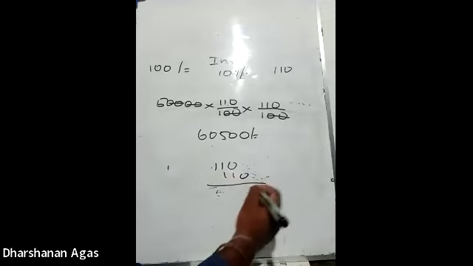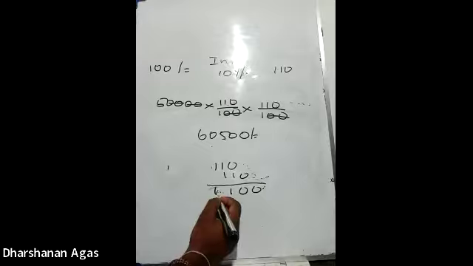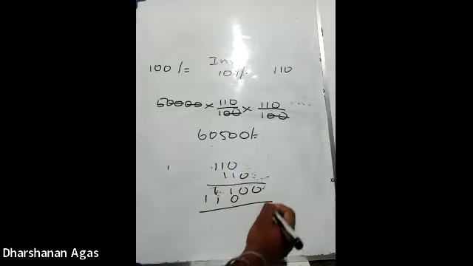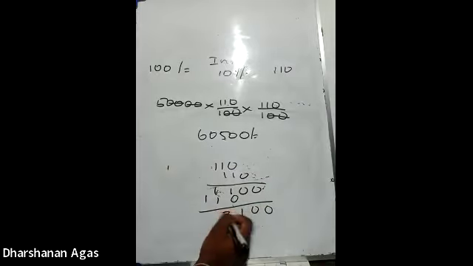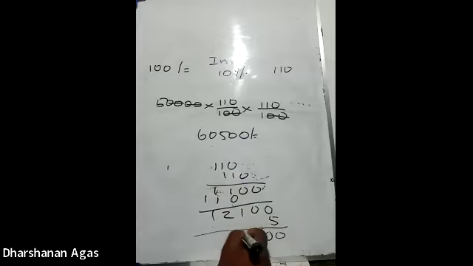If it is difficult, see here: 1 into 11, now add the zeros, 121. 12,100 multiplying by 5 gives 60,500. Directly you can get the answer, which is easy.